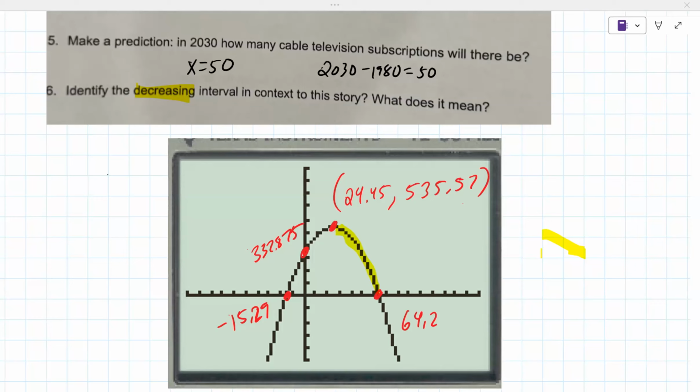Okay, I got 314.325 for 2030. Okay, that was reasonable. That's in thousands. You might have to say that in thousands.